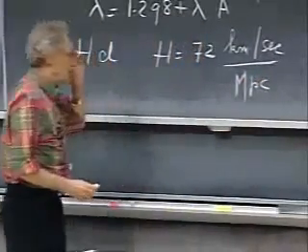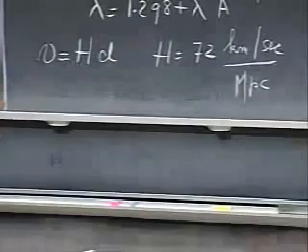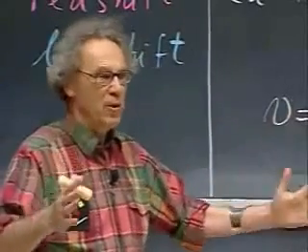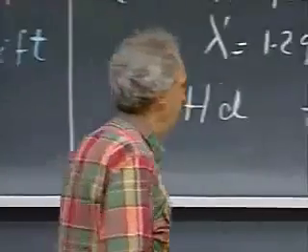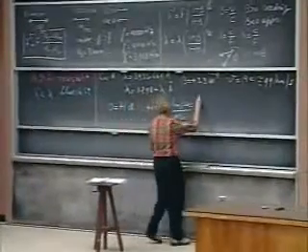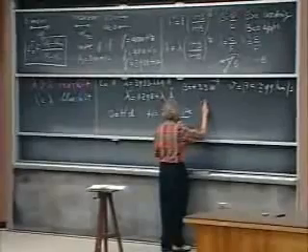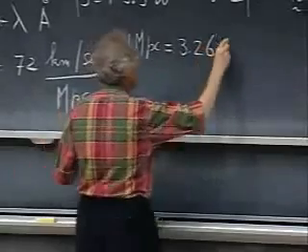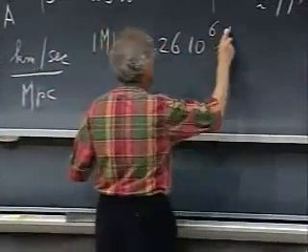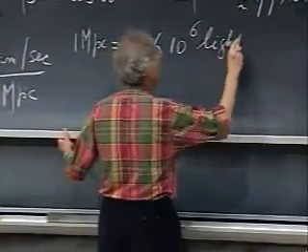What is a megaparsec? A megaparsec is a distance. In astronomy, we don't deal with inches, we don't deal with kilometers. That is just not big enough. We deal with parsecs and megaparsecs. And 1 megaparsec is 3.26 times 10 to the 6 light years.